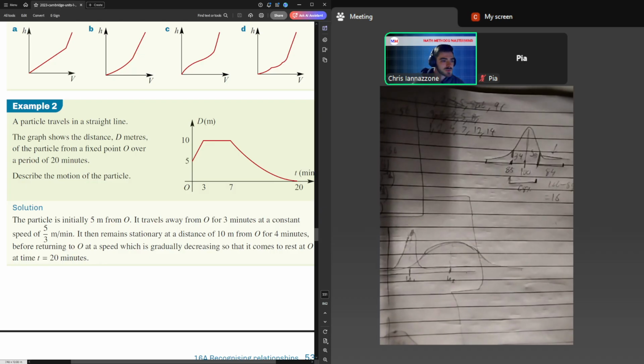Distance is specifically the amount of distance traveled, whereas displacement is your location with respect to some origin, which is why the way the book's written this one out is particularly poor, because it does say the word distance, but because it says distance from a fixed point, you have to consider that as displacement.